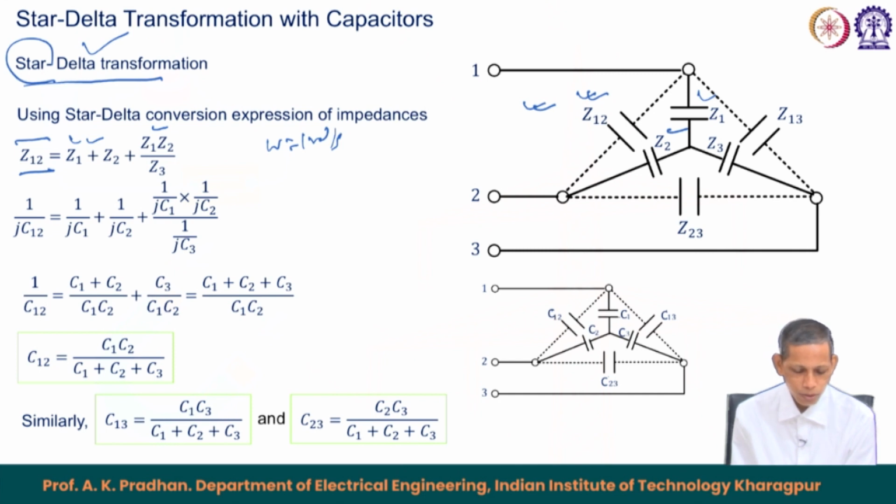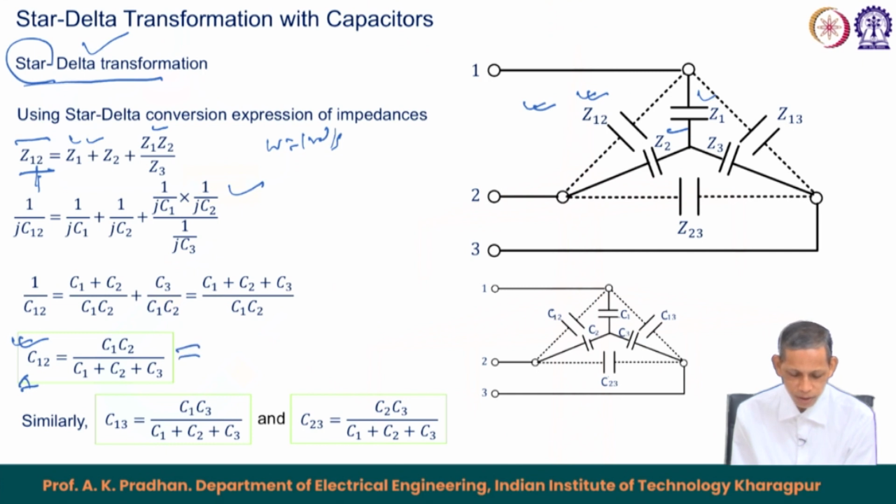Substituting Z12 as 1 by jC12, and Z1 and Z2 as 1 by jC1 and 1 by jC2, I get the corresponding C12 for the delta to be equal to C1 C2 upon C1 plus C2 plus C3.